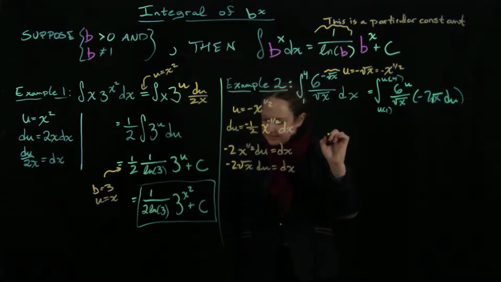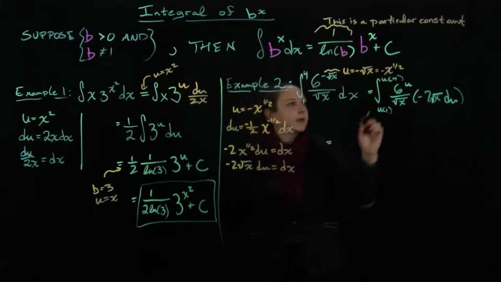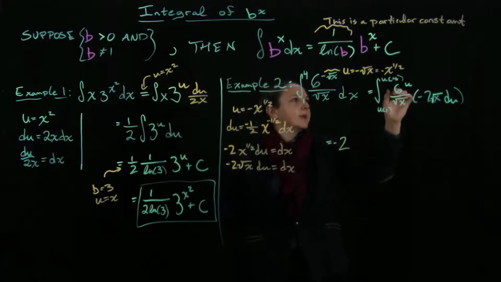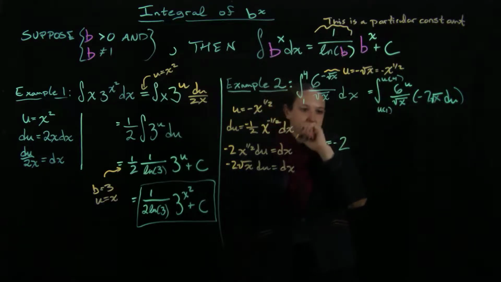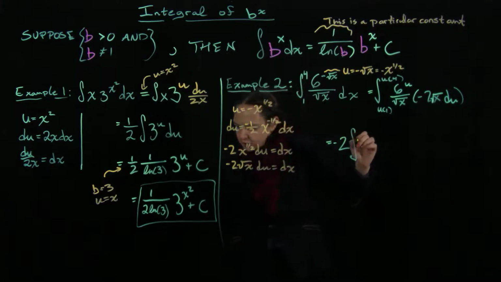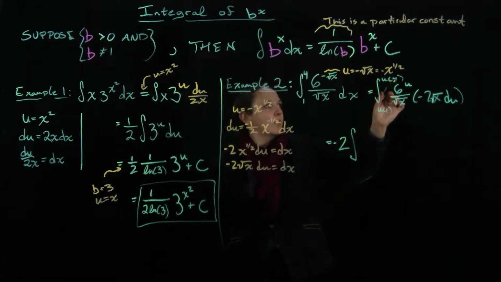We get, this is going to equal, I'm going to pull out a minus 2. And we can evaluate these by putting them into here. So I have u equals minus the square root of 4. That's where the 4 is going to go.